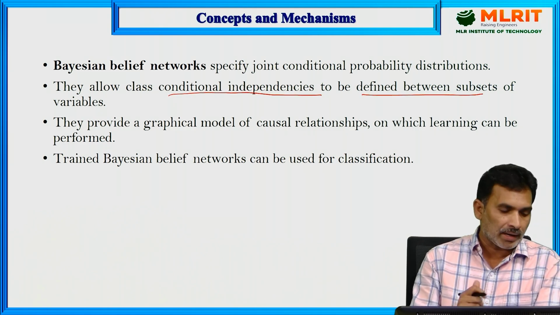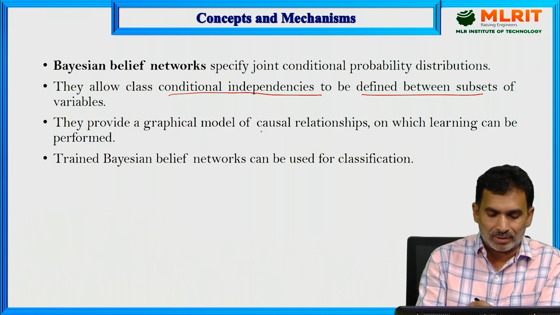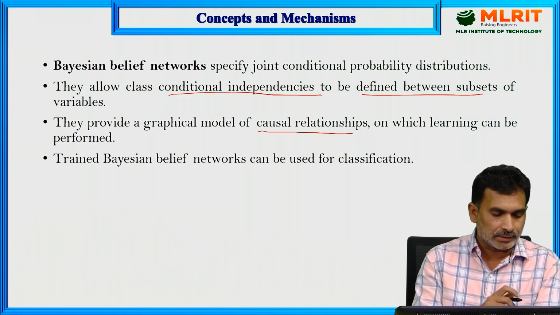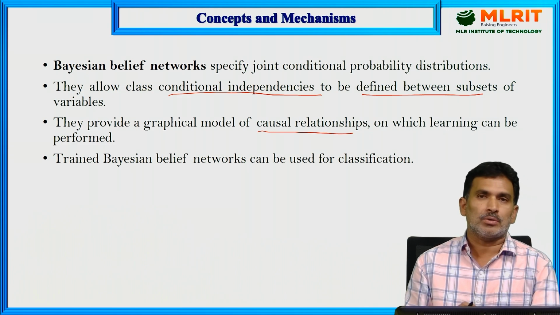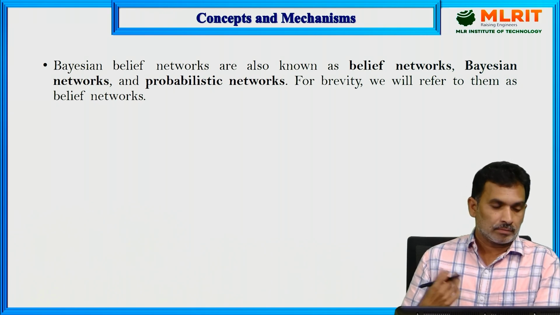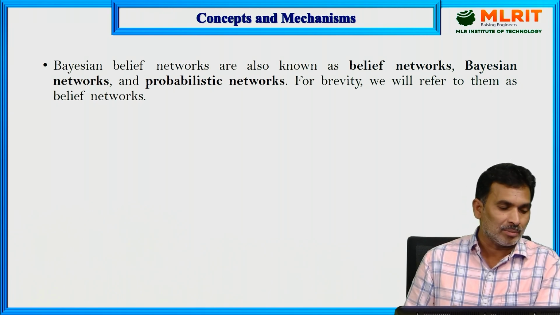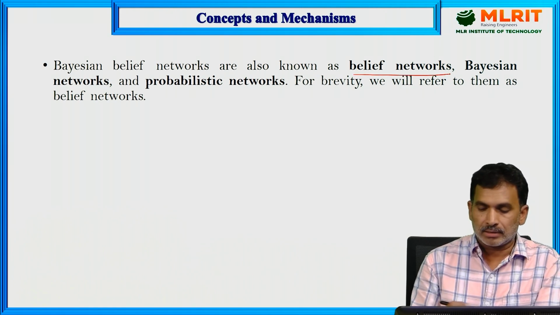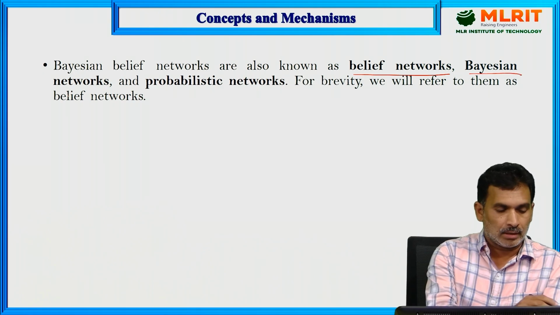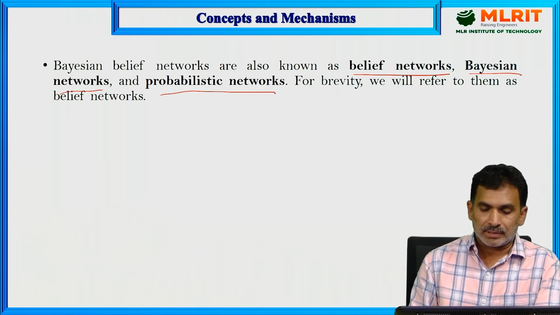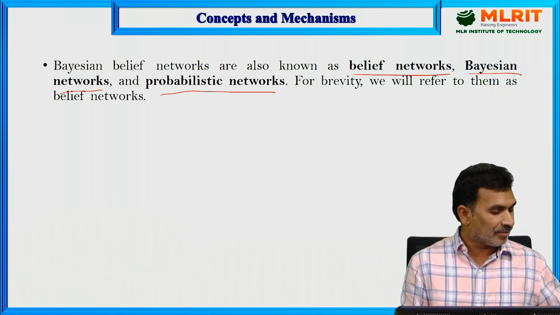It provides a graphical model of causal relationships on which learning can be performed, so trained Bayesian belief networks can be used for classification. We'll see how we can train them. Bayesian belief networks are also known as belief networks, Bayesian networks, or probabilistic networks. For brevity, we will refer to them as belief networks.